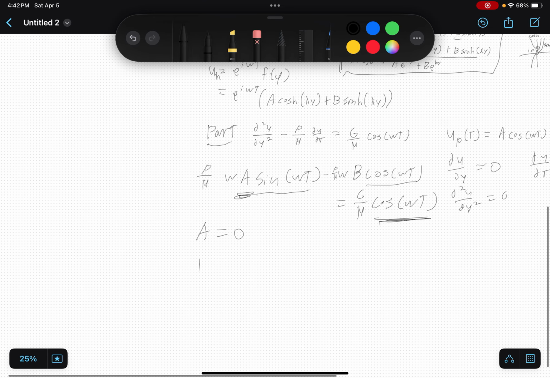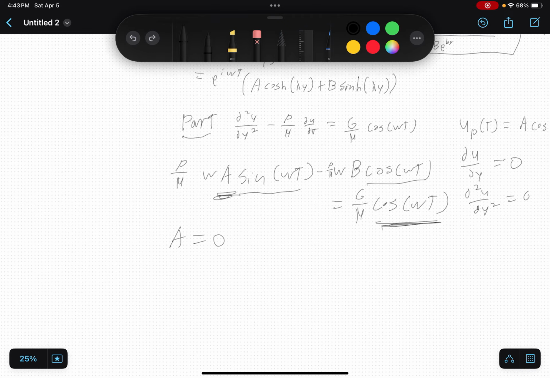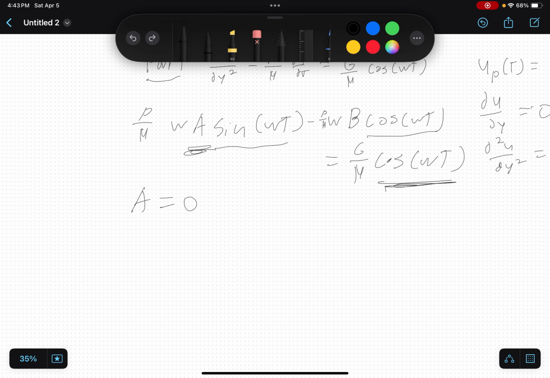B, oh man, that's an ugly B. It's not as simple, but it's still pretty simple. So we rewrite what we have left, which is negative density wB over mu cosine wt equals g over mu cos wt.